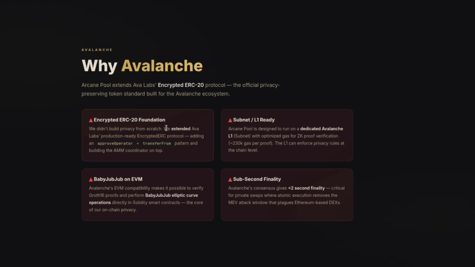So why Avalanche? The main reason for choosing Avalanche is the encrypted ERC20 token protocol, which is unavailable anywhere, and obviously the auditor compliance, without which the product would not be allowed to run.